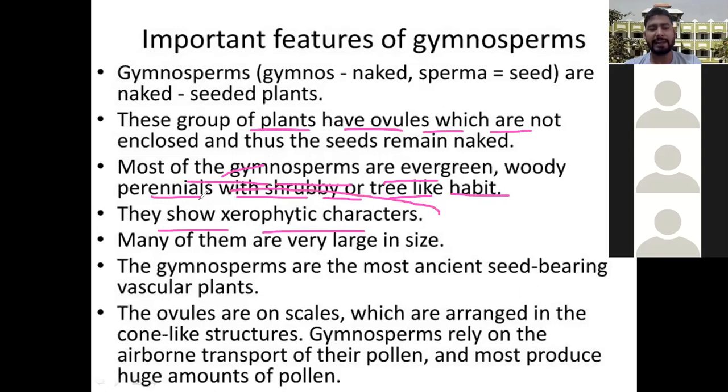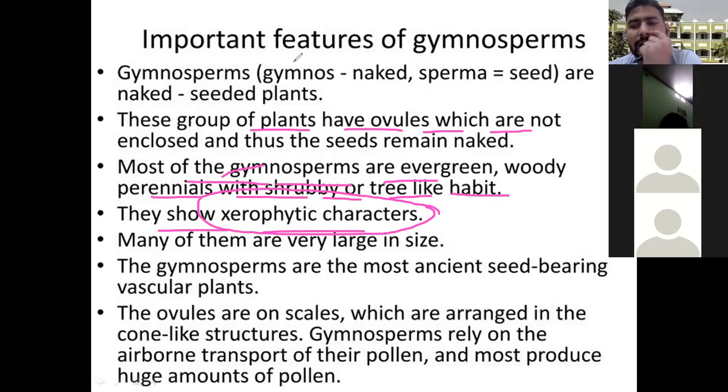They show xerophytic characters. Very, very important. This generally represents the xerophytic character. What are the adaptations for xerophytic character? Yes, Fazila. Needle-like leaves.